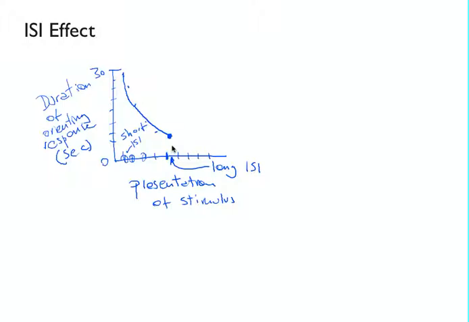With short ISIs, we see steeper habituation. With more separated ISIs, we may see something that looks like this: a flatter decline in the magnitude of responding, slower habituation.